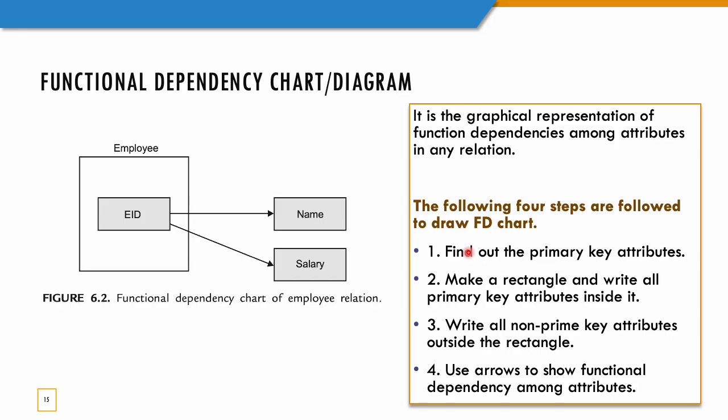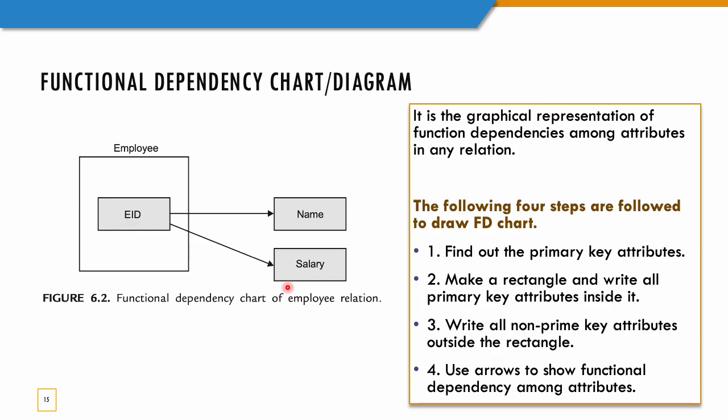We need to determine the attributes or combinations of attributes that uniquely identify each record in the relation, and these are your primary key attributes.